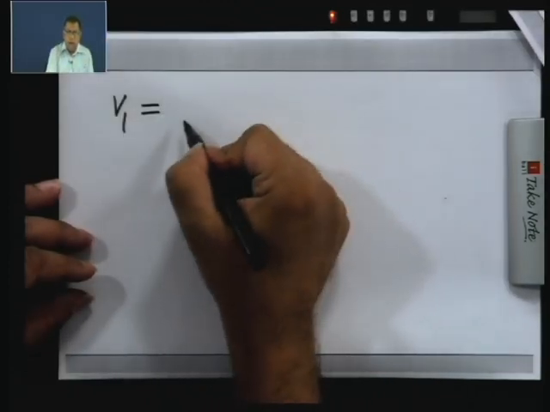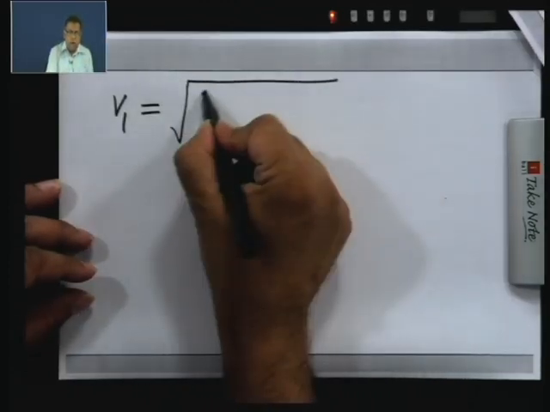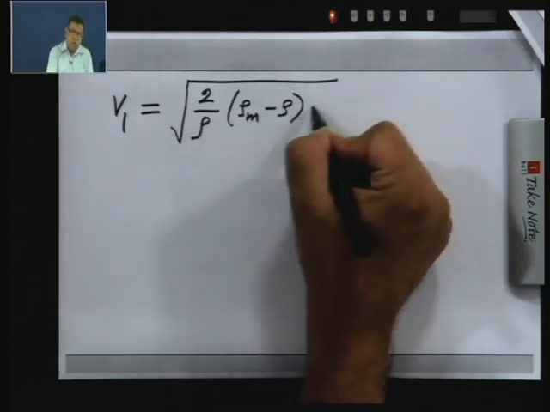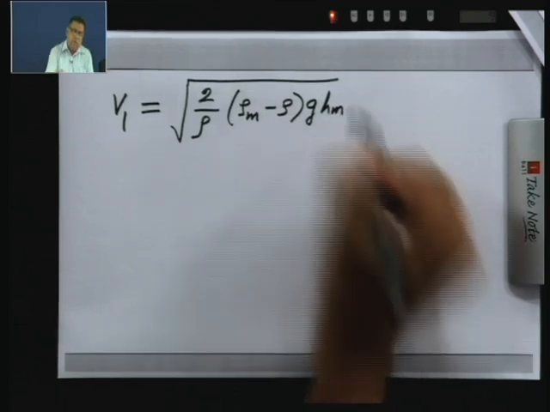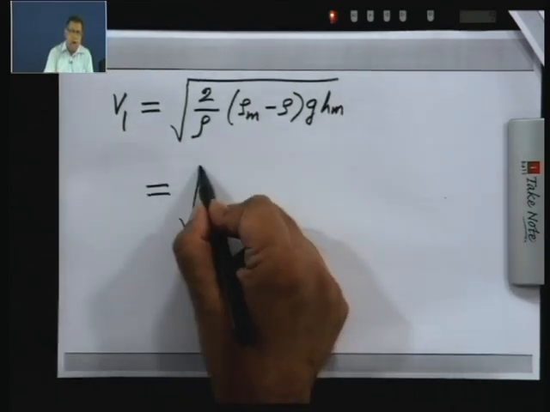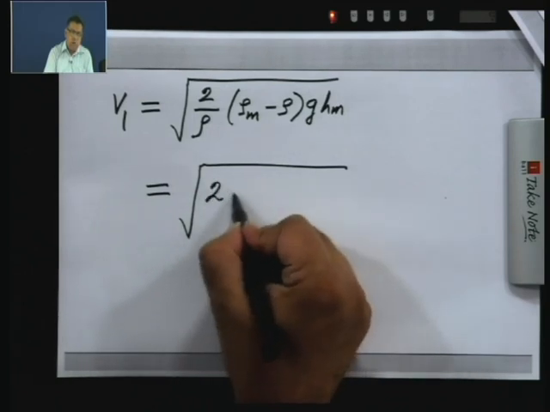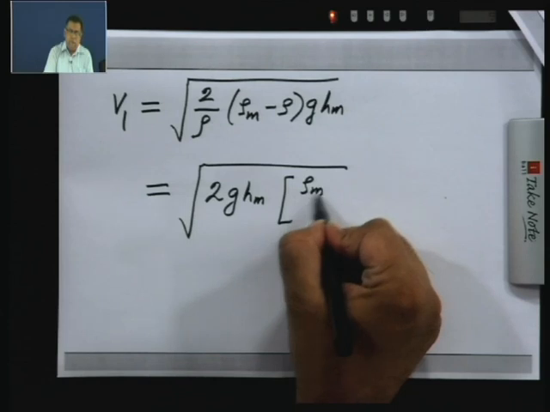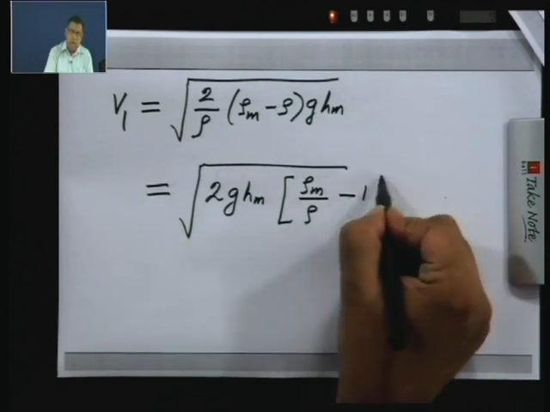V1 is under root of 2 upon rho times (rho m minus rho) g h m, which you can express in this manner: under root 2 g h m into (rho m upon rho minus 1).